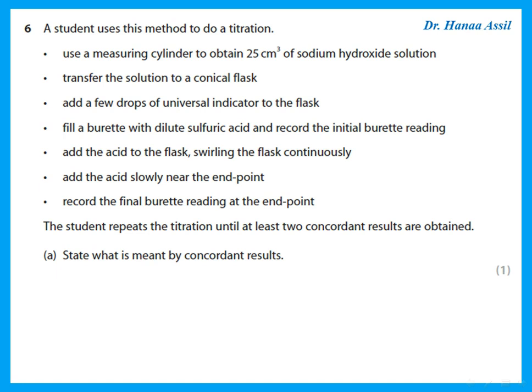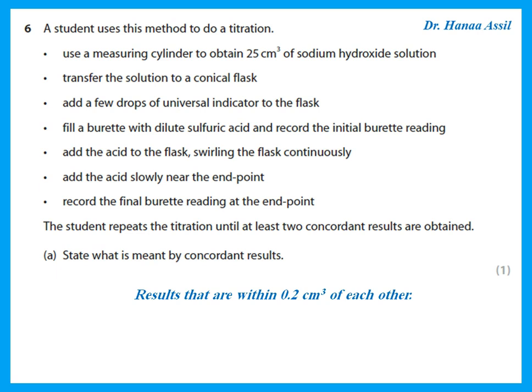So this is how someone does a titration. We said we use a burette to add the acid, and we have a base in the flask and indicator in the flask. So he says the student repeats the titration until at least 2 concordant results are obtained. You remember what we mean by concordant results? We said we repeat the titration until my results are within 0.2 centimeter cubed of each other.